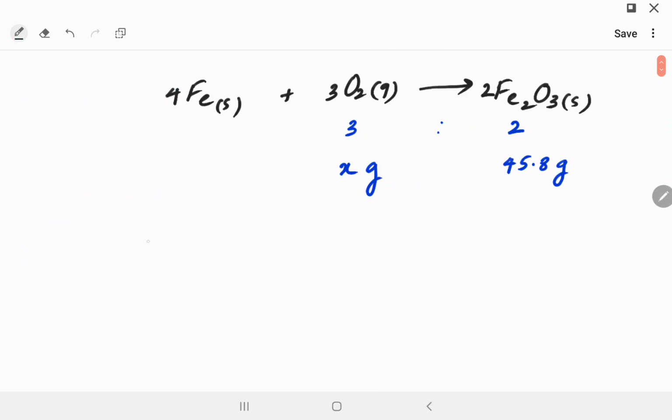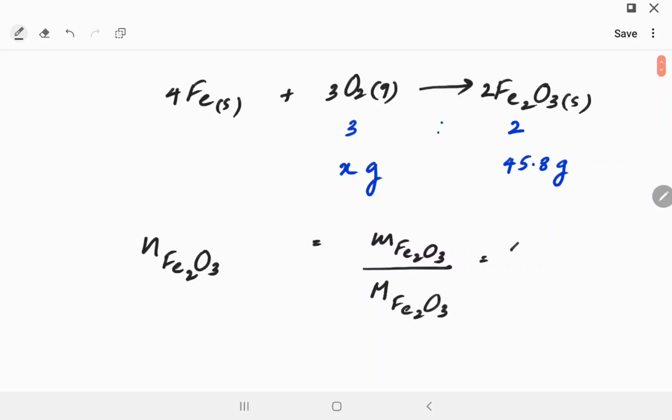Let's start with the number of moles of iron 3 oxide. How do you calculate the moles of iron 3 oxide? You will use the mass of iron 3 oxide, and you will divide it by the molar mass of iron 3 oxide. So mass is 45.8 grams, and the molar mass of iron 3 oxide will have 2 iron atoms and 3 oxygen atoms.